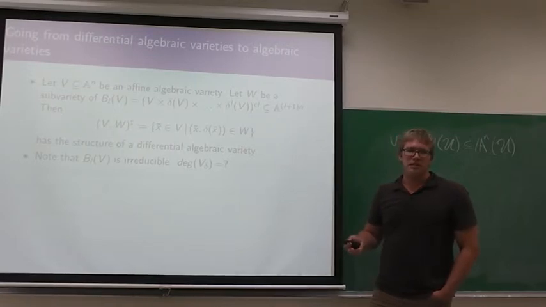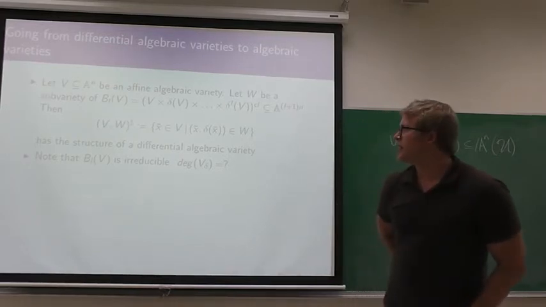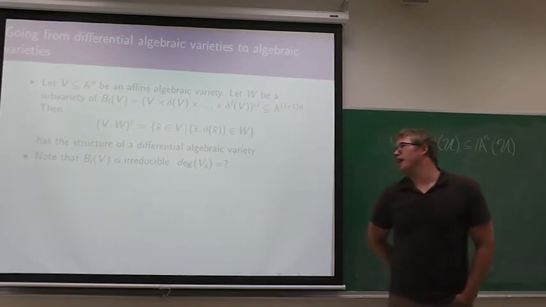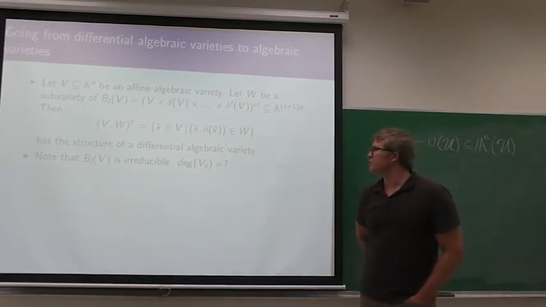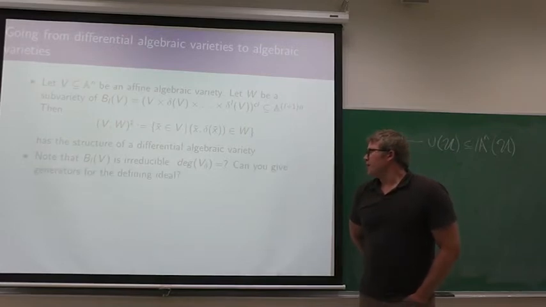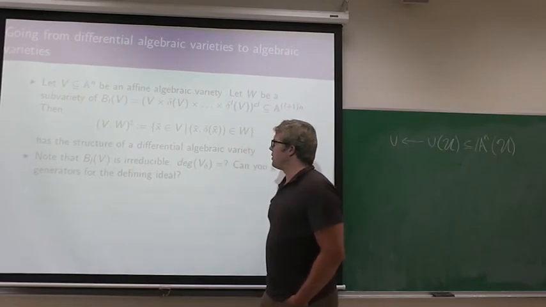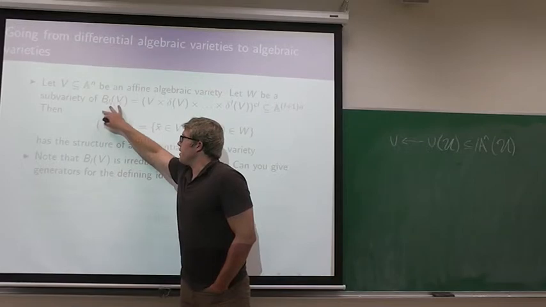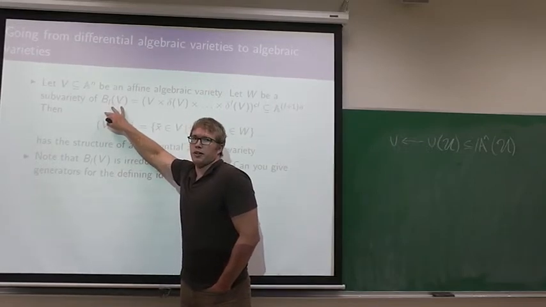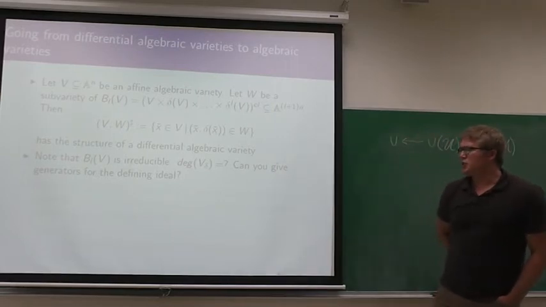So determining the actual generators, the ideal of polynomials which vanish on BL of V, would in general be somewhat difficult. For the sort of intersection theory that I'm going to be doing, I need to know the degree of this in terms of the degree of V, and I don't know a way to do that directly in an easy manner.